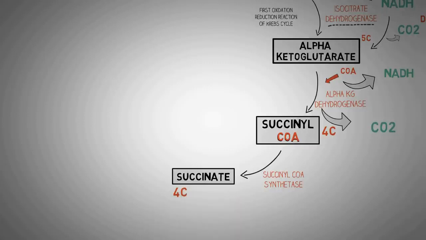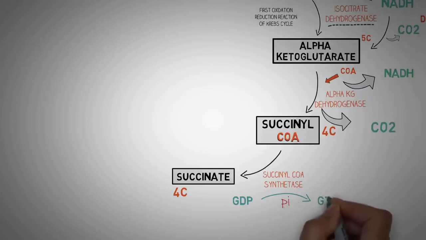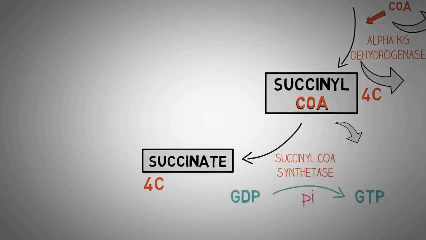So what changes? Succinyl-CoA is a high energy compound, and the energy stored in this compound is used to attach an inorganic phosphate molecule to GDP. This GDP gets converted to GTP, which is like a close cousin of ATP, and is later used in the formation of an ATP. The coenzyme A attached to the succinyl-CoA also gets released in this reaction.